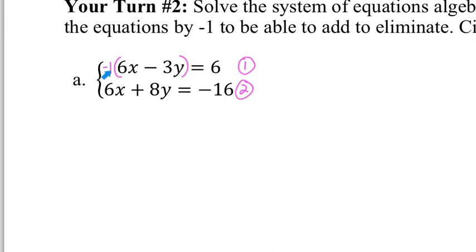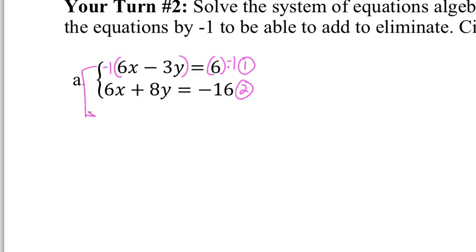So I have to distribute the -1 to the 6x and the minus 3y, and I have to multiply the other side by -1 as well. And instead of writing just -1, I'm going to write times -1 there. So let's write that new equation number 1.